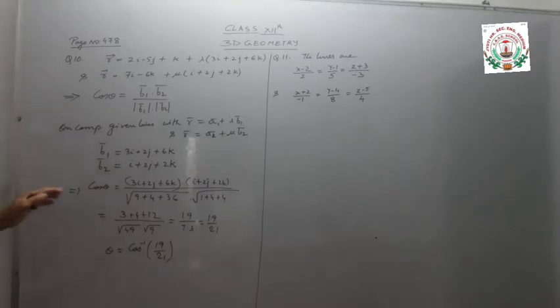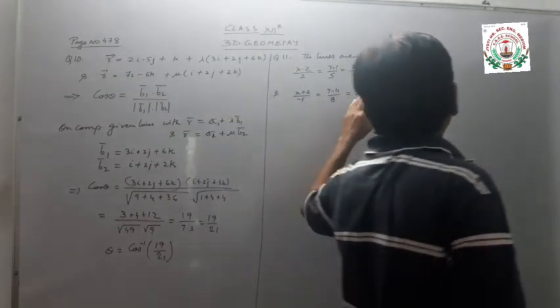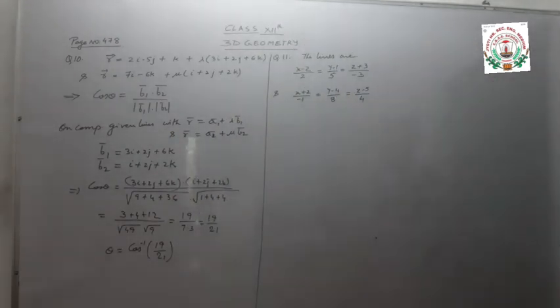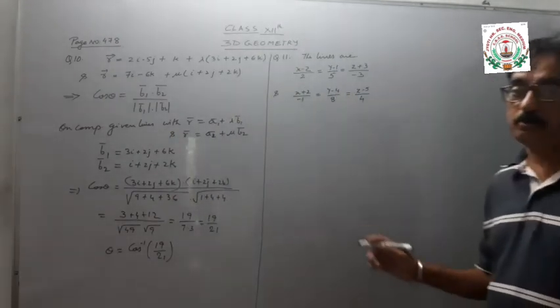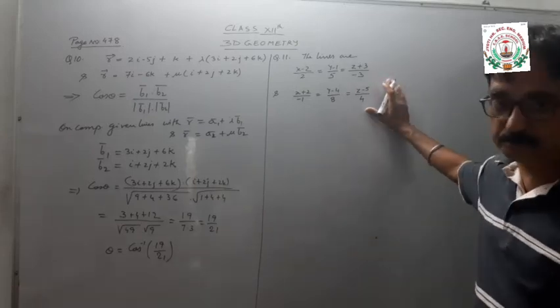Now here also we have to calculate the angle between the lines which are in the Cartesian form, or you can say symmetric form.